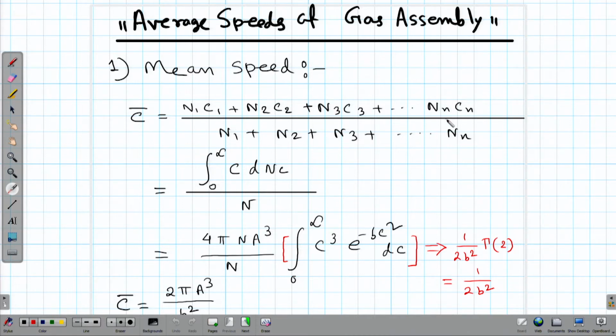So, basically this sum. Now, this sum can be brought down in the form of an integration, which is 0 to infinity C dnc, where dnc is the distribution.